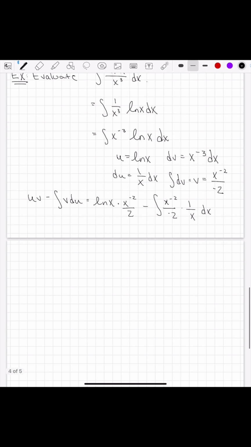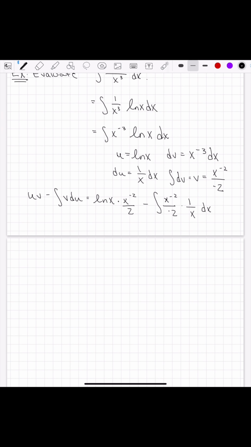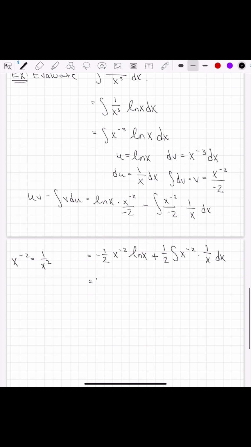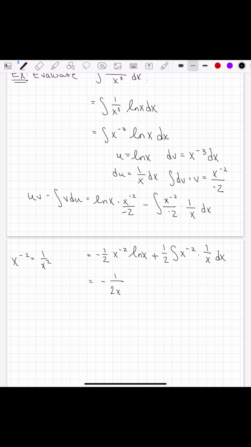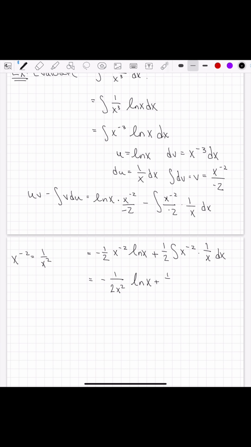Okay, so now let's simplify this stuff. This should be negative. What I can do is pull out the -1/2, and then I'll have x to the -2 times ln of x. And if I take out the -1/2 from the integral, I'm left with x to the -2 times 1 over x dx. Remember that x to the -2 is just 1 over x squared, so we can implement that. So this becomes -1 over 2x squared times ln of x plus 1/2.